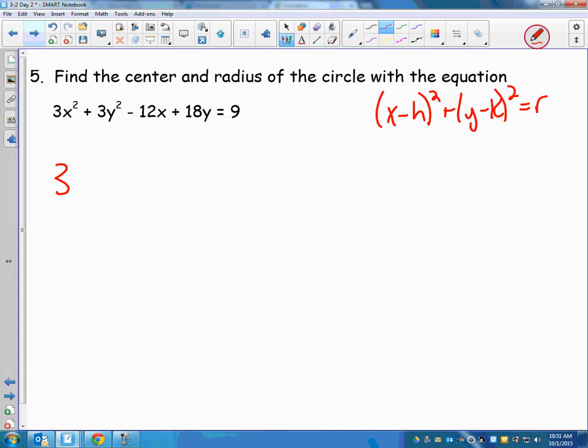I have 3x squared and a minus 12x. I have 3y squared and a plus 18y. How do I take something like this that's not squared and make it something squared? How do I take something that's an incomplete square and make it a complete square?